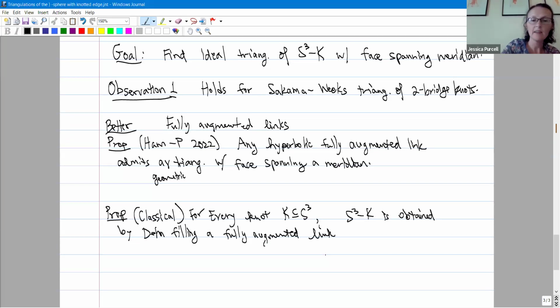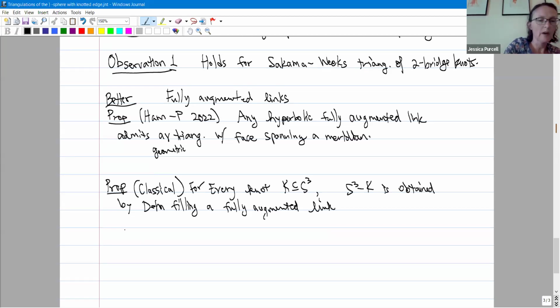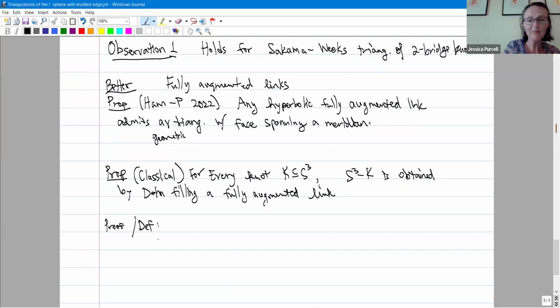And in fact, okay, let me give you the proof of this. This is a proof slash definition of the fully augmented link.